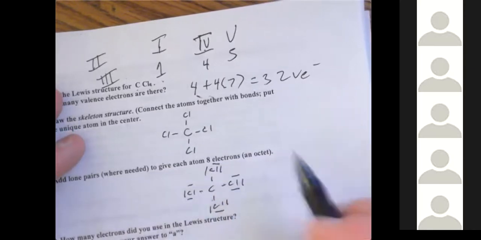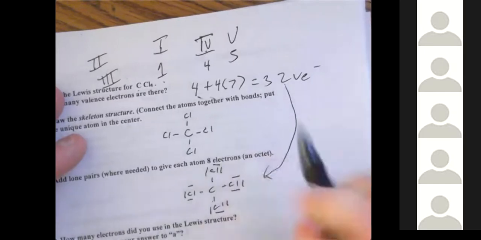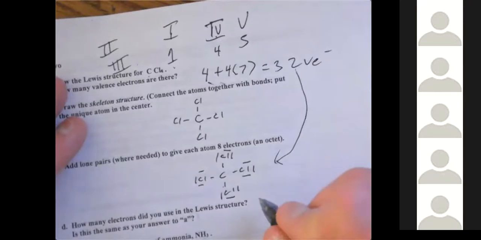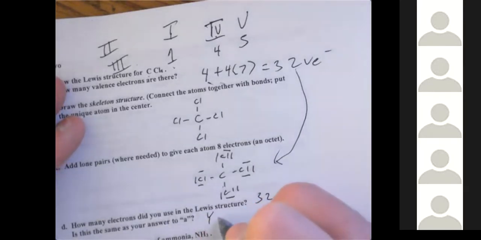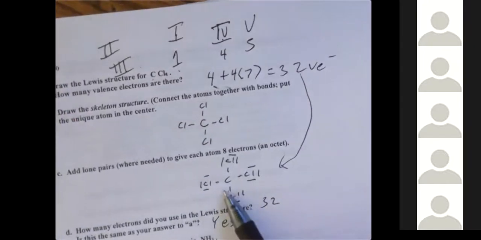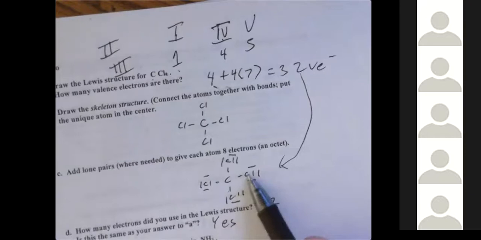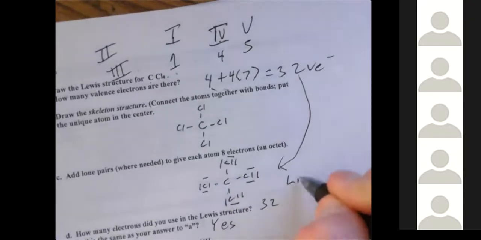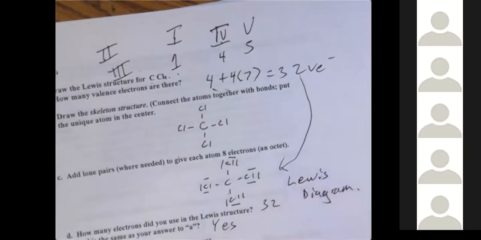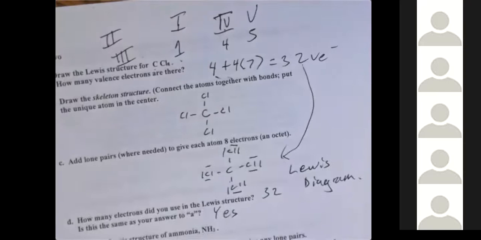So now everything has 8. We've used the 32 valence electrons. How many electrons did I use? 32. Is this the same answer as in answer A? Yes, it is. So that is the structure. That is what we call the Lewis diagram, named after a very famous chemist with the last name Lewis.